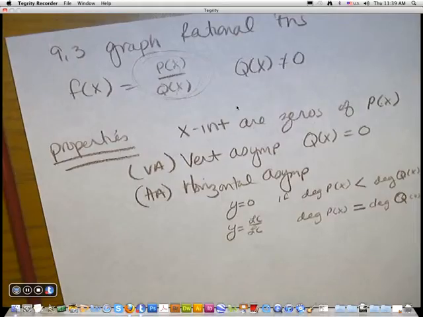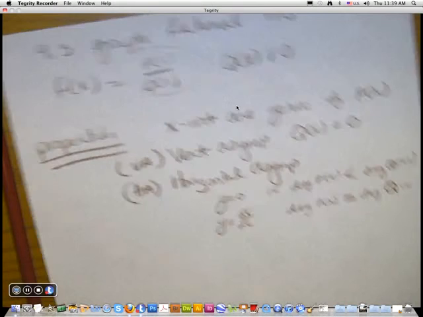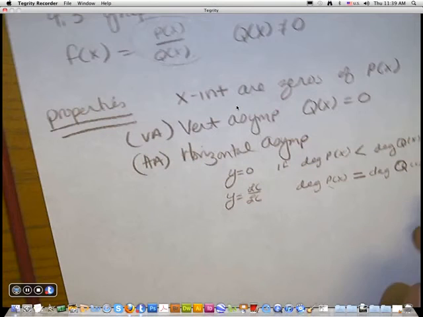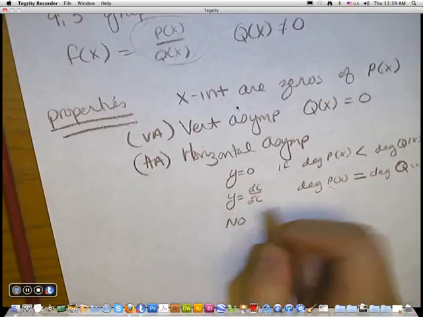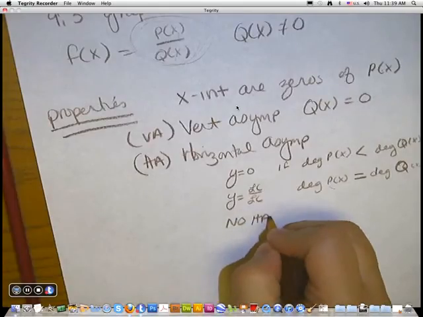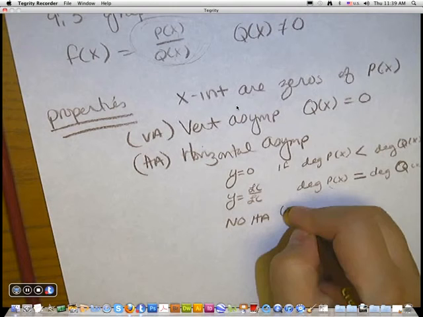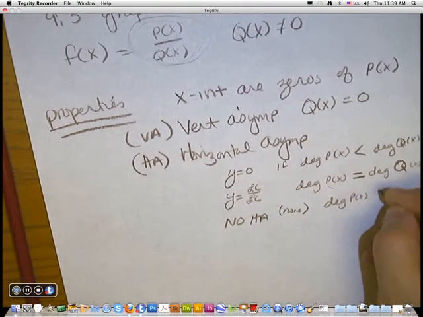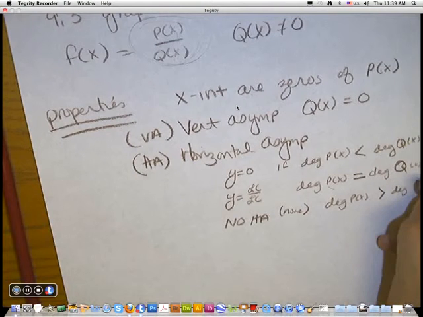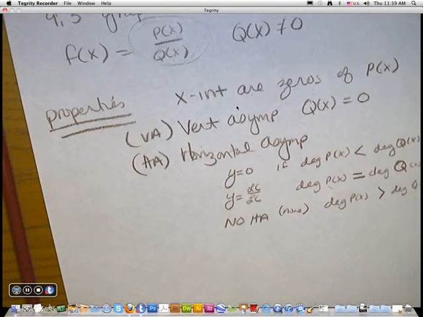So it's the leading coefficient over the leading coefficient when the degrees are equal. However, there is no horizontal asymptote, or none, when the degree of the numerator is larger than the degree of the denominator.